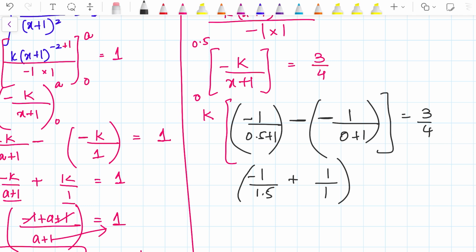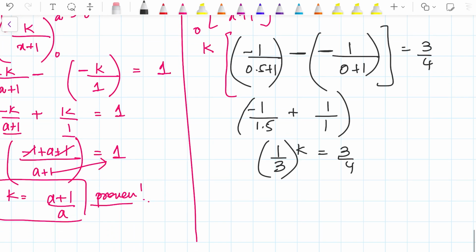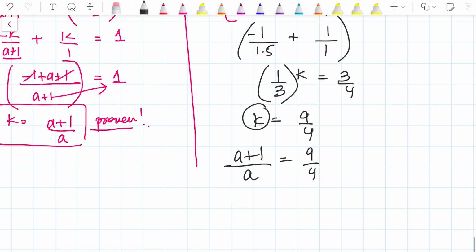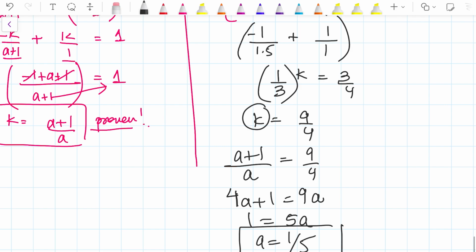This gives you 1 upon 3. k is equal to 9 upon 4. Now what is k? k is a plus 1 upon a equal to 9 upon 4. That's my answer.